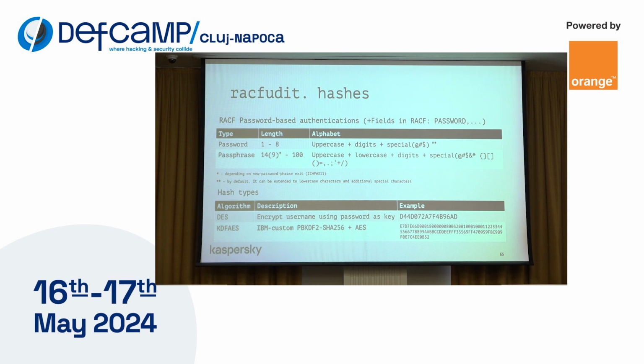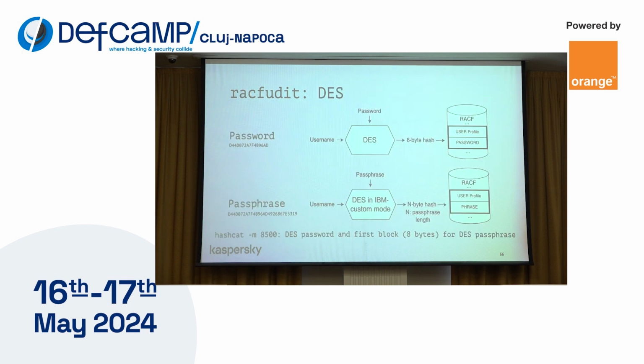It's some IBM custom algorithm based on PBKDF2. Let me consider the DES algorithm for hashing the password and the passphrase. For a password, the user's clear text is the key, and the result is the result of encryption. It's an 8-byte hash, which is stored in the password field of the user profile in a RACF database.